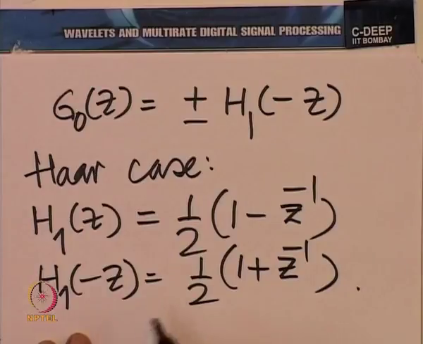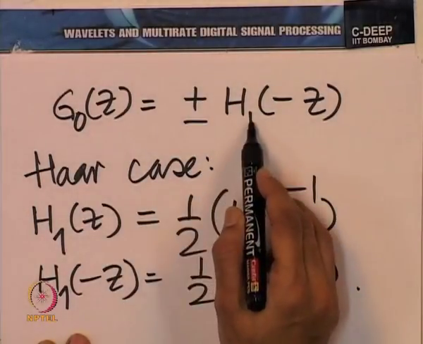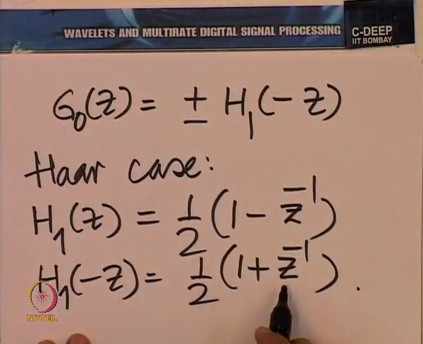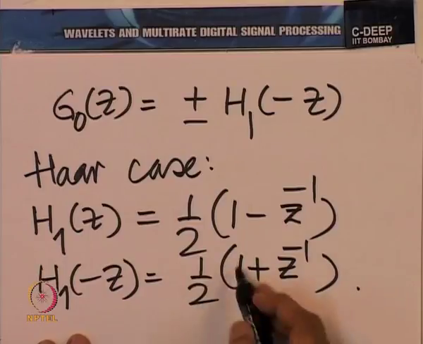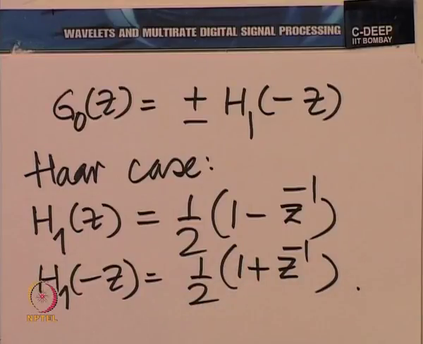So, you will notice that G0(z) is indeed plus H1(-z), but without this factor of half. Now, you know that factor of half is not an issue at all. You remember that more generally we had written down the following requirements.